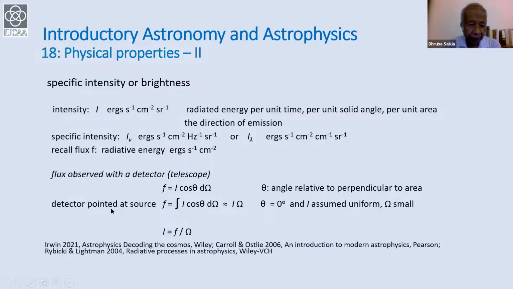Now, flux observed. Let me see what I have written over here. I've defined intensity, which we have done already. Flux is equal to I cosine theta d omega. Your flux is ergs per second per centimeter squared. And if it is at a certain frequency, the specific flux density, then it will be per hertz.